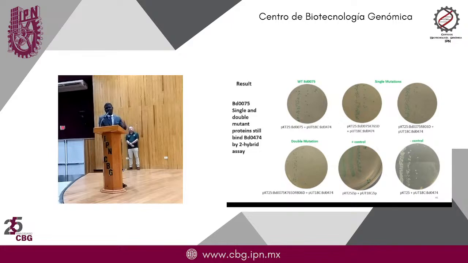Further work can be done on the validation of the complexes. The complexes which were found, the 2212 complex and the 2726 complex, we can validate experimentally by pull-down assay and those kinds of methods.